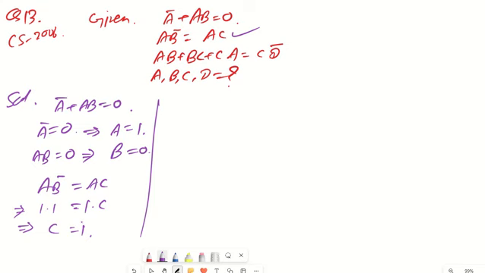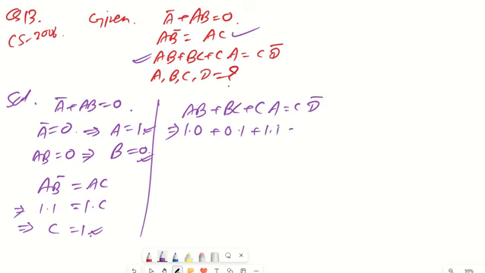Now from this third expression we can put the values of A, B and C to get the value of D, right? AB plus BC plus CA is equal to CD bar. So from here we put the values of A, B and C. So we are going to get 1 into 0 plus 0 into 1 plus 1 into 1 is equal to 1 into D bar.